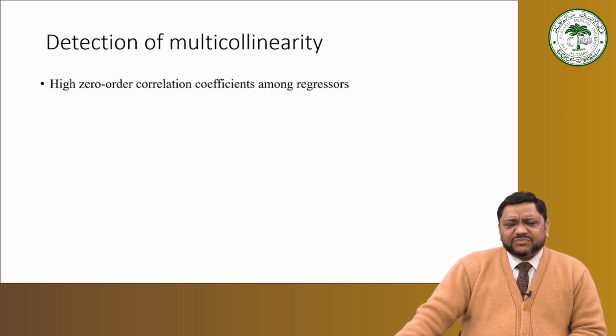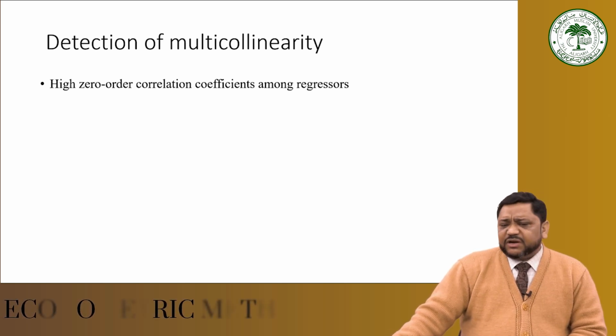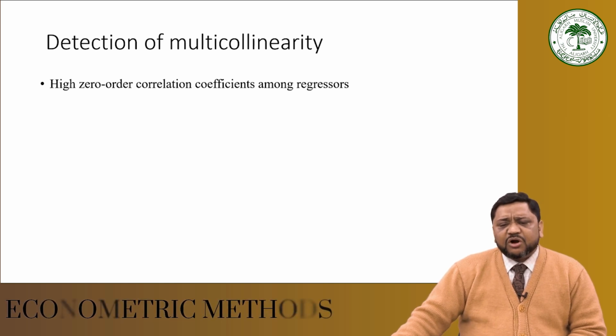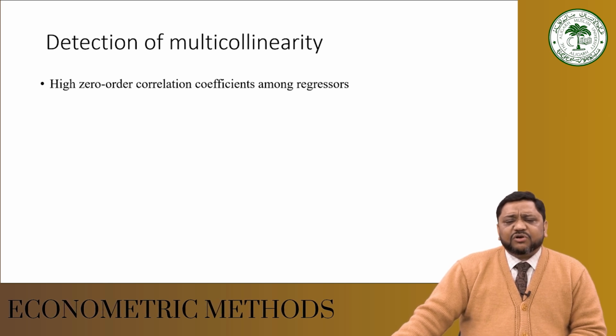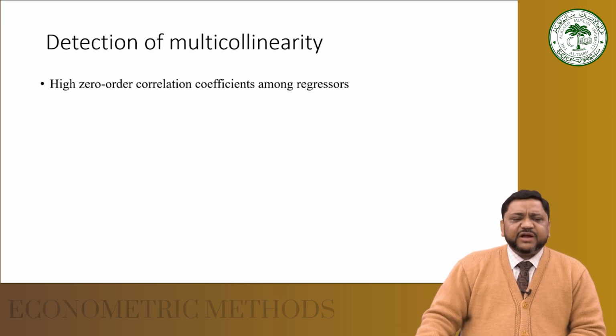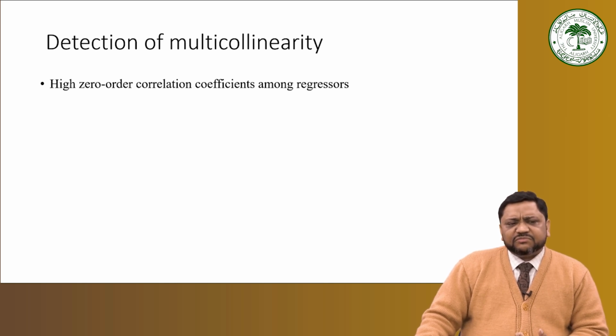This is just a rule of thumb. This is sufficient in case of two explanatory variables, but in models involving many explanatory variables, more than 3 or 4, the zero order correlation coefficient will not provide a perfect guide to indicate the presence of multicollinearity. But as a prima facie, if the correlation coefficients are very high among the independent variables, we can expect that we will be facing the issue of multicollinearity.